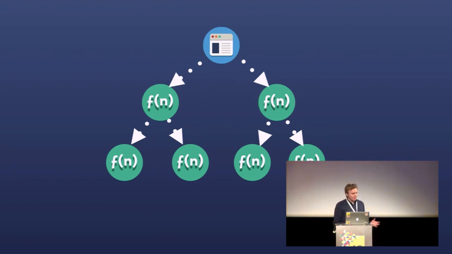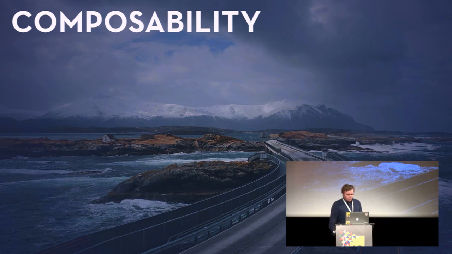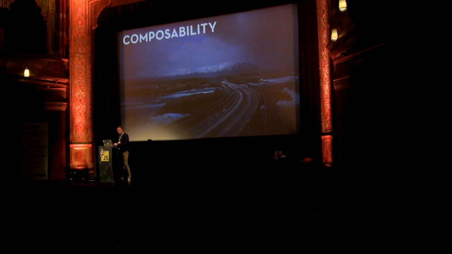So again, this requires our functions to follow the same pattern. They need to be referentially transparent. So with referential transparency, we also can have composability. So we can derive new functions that are also referentially transparent.